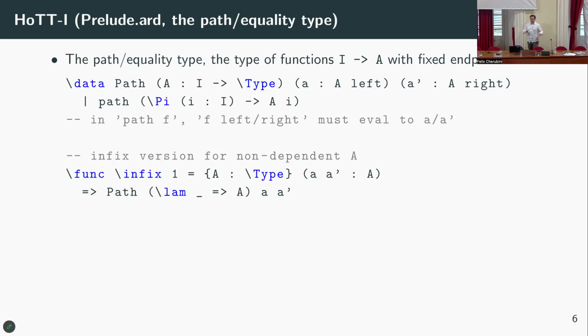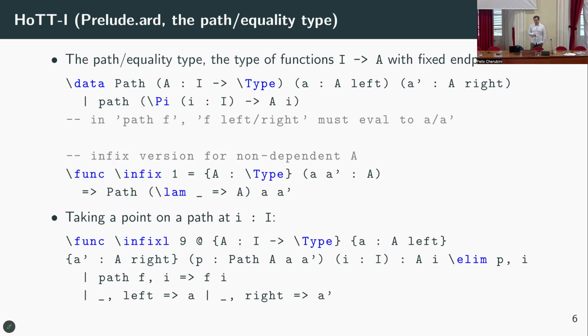So we can define paths, which are a type, again, something built in, which is just a function from the interval with fixed endpoints. And then a primitive operation, also some kind of eliminator, that evaluates paths at some point of the interval.